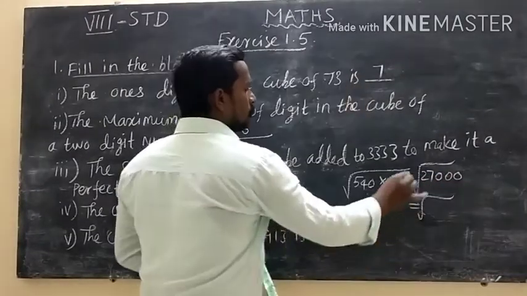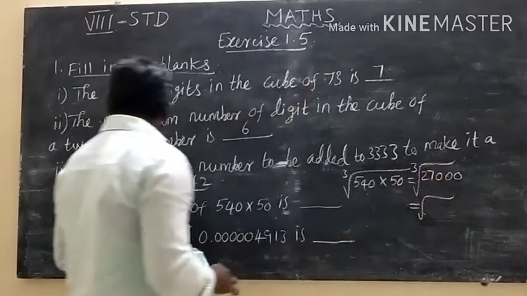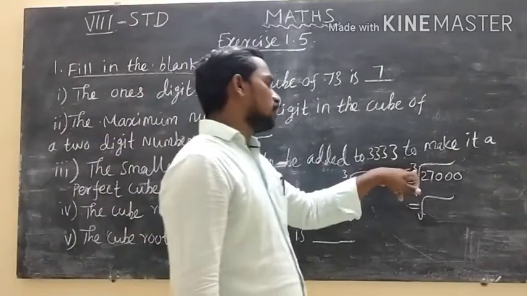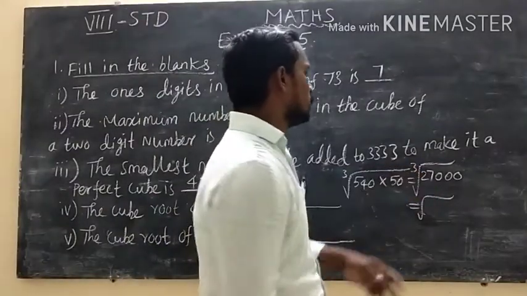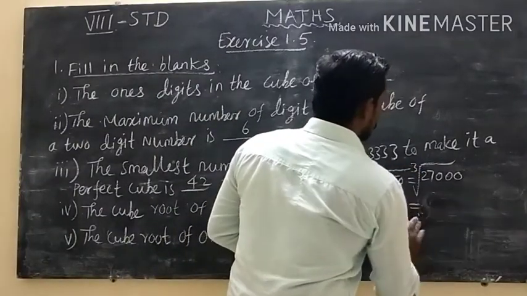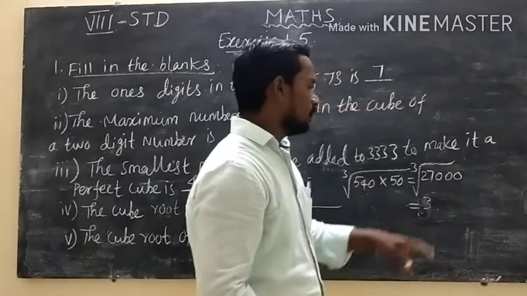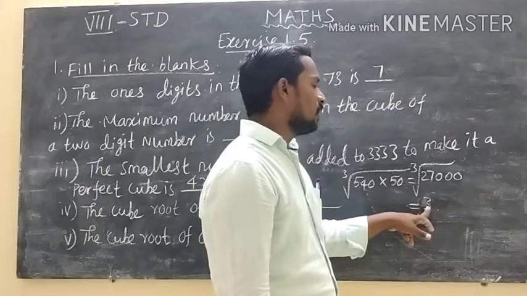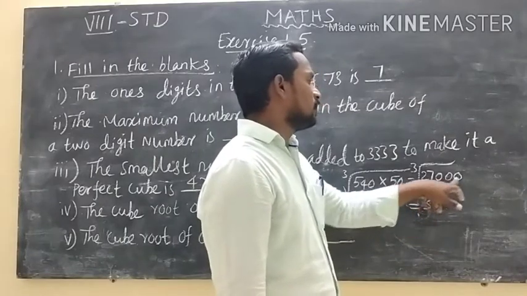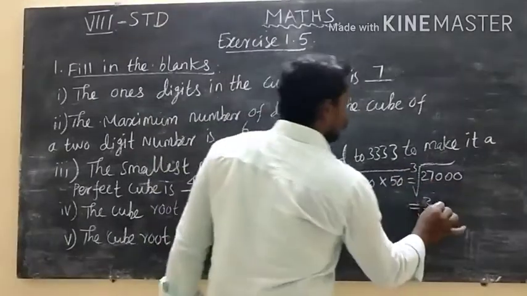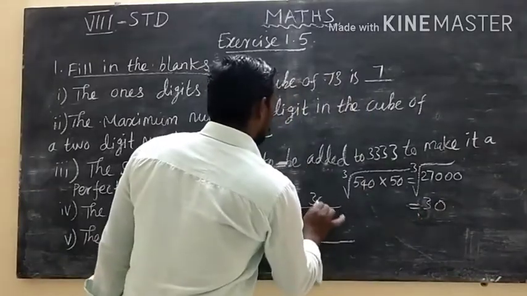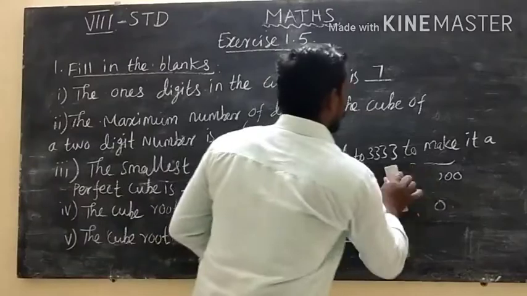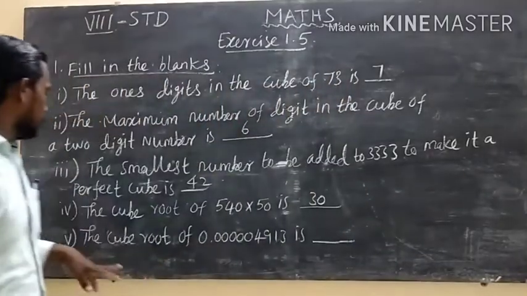The cube root of this value is the cube root of 27, which is 3, because 3 threes are 9 and 9 threes are 27. Then 3 zeros appear under the cube root, so we get only 1 zero in the cube root. So 30 is your answer. The cube root of 540 into 50 is equal to 30.